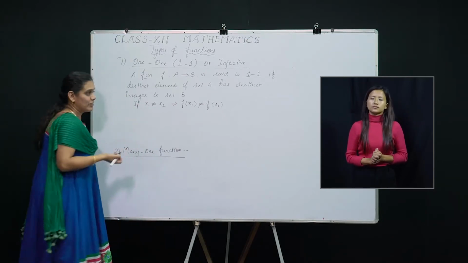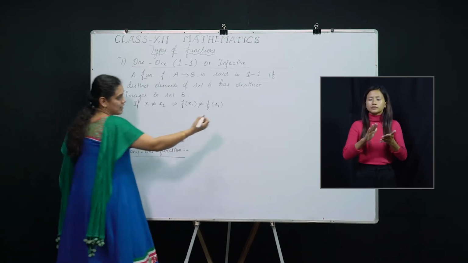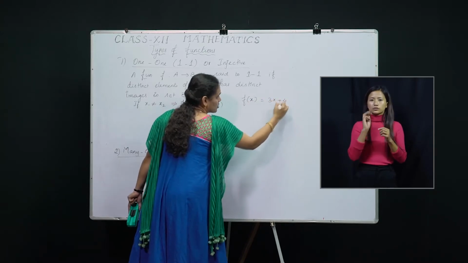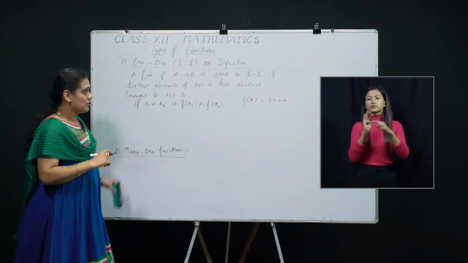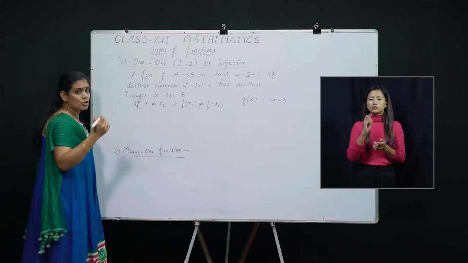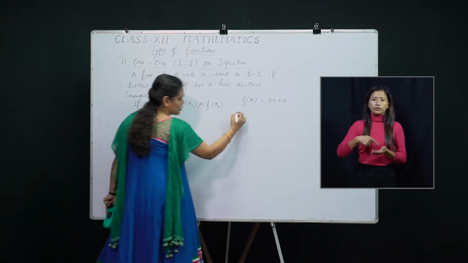But when we prove it mathematically, we get functions like f(x) = 3x + 4, those types of functions in the questions. So how do we prove it is 1 to 1? We use the contrapositive rule, which you studied last year. What is the contrapositive rule?